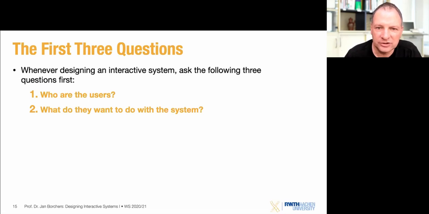The second question, after you've understood who your users are, is what do they actually want to do with the system? What is it that people actually want from this system? Not just assuming that, of course they will want 3-way phone calls. To give you an example, we have video calling now on our office phones. I haven't met a single person I've talked to who actually wanted video calling on their desk phone. They said, if I want a video call, I use my laptop.